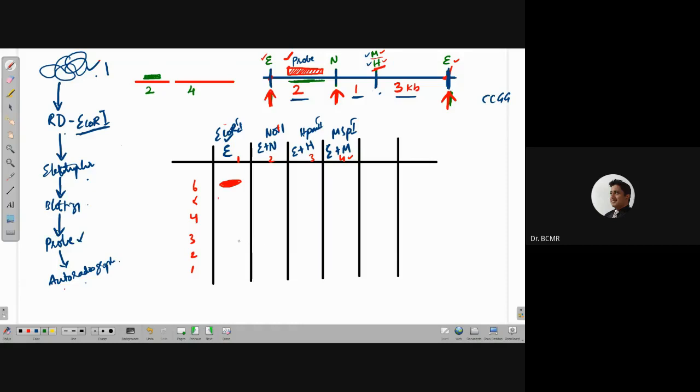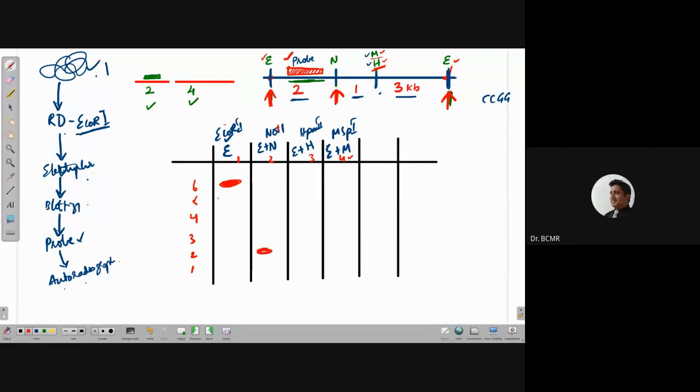Which band will be visible on the gel? Will the 2 kb fragment be visible on the X-ray film, or the 4 kb, and why? Only the 2 kb fragment will be visible, because it's the one the probe is attached to.